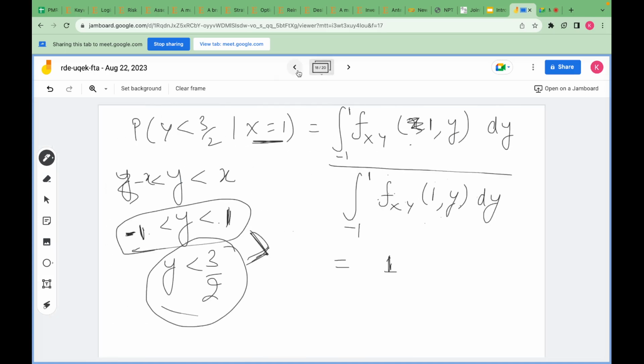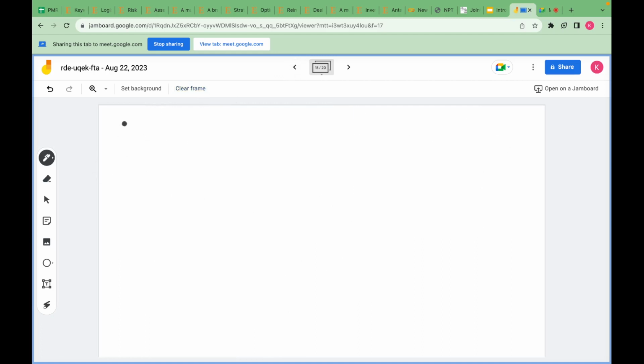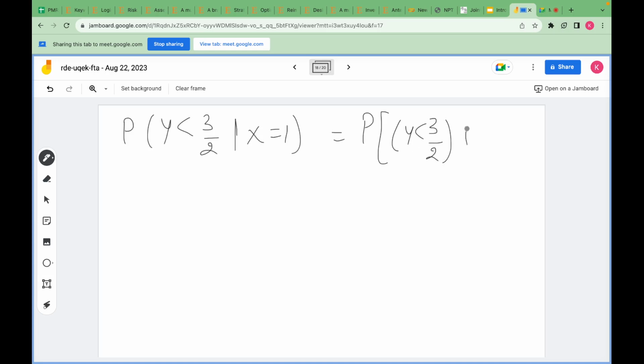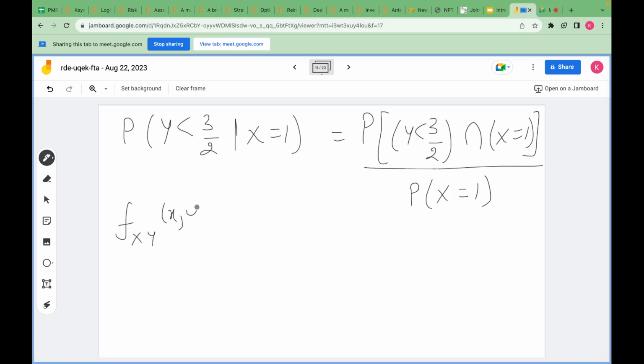So I will explain this again. We need to find this probability, and this probability is nothing but y should be less than or equal to 3 by 2, intersection with x equal to 1, given that the probability is x equal to 1. Now we know the joint probability distribution of x and y, okay, which is c x times (x minus y).